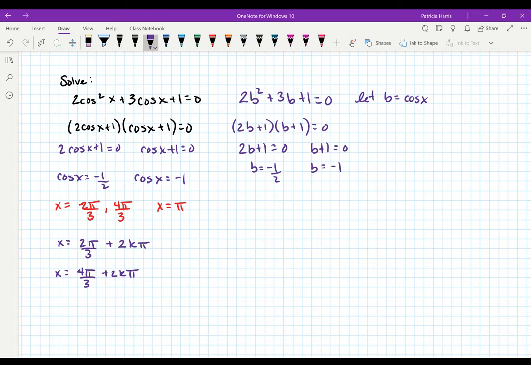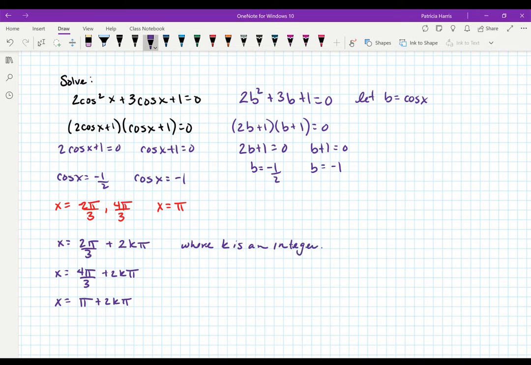So that's why they put 2k pi. Okay? And usually we say where k is an integer.